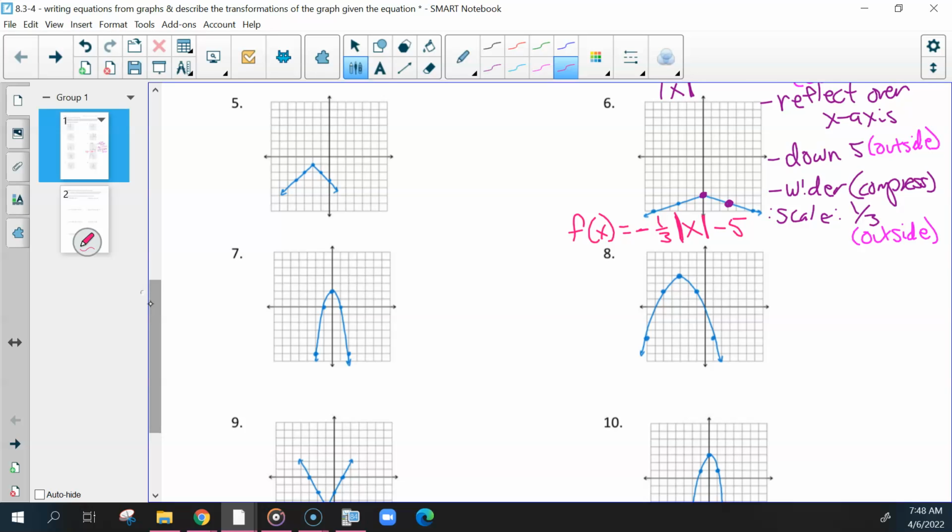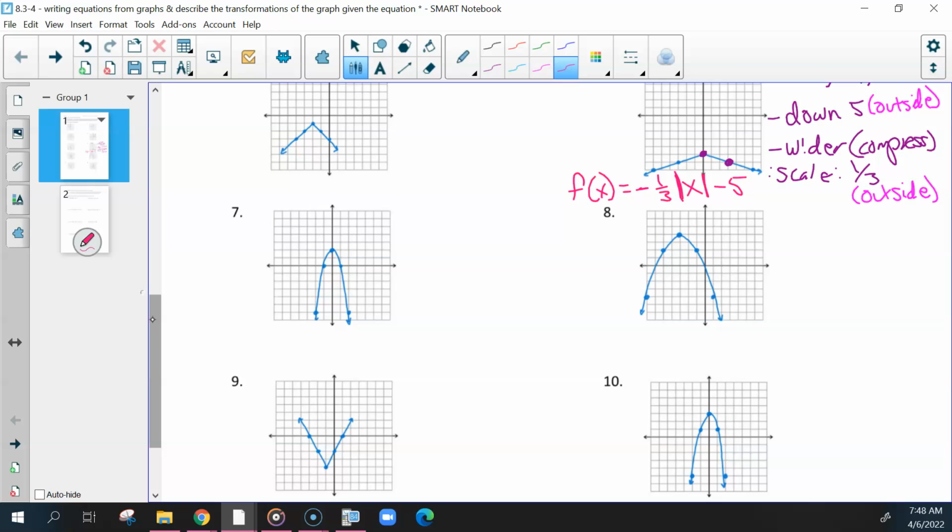For number 7, what type of function is this? Quadratic. It is a quadratic. It is reflecting over the x-axis. What else did this do?